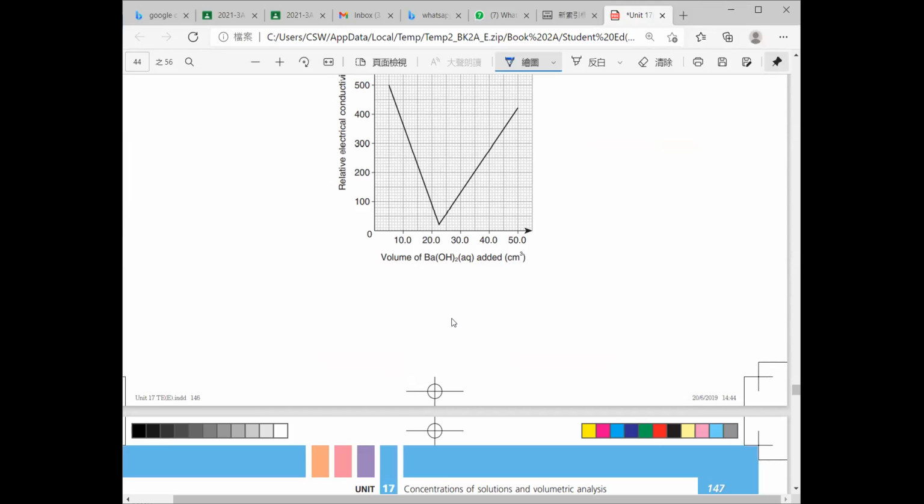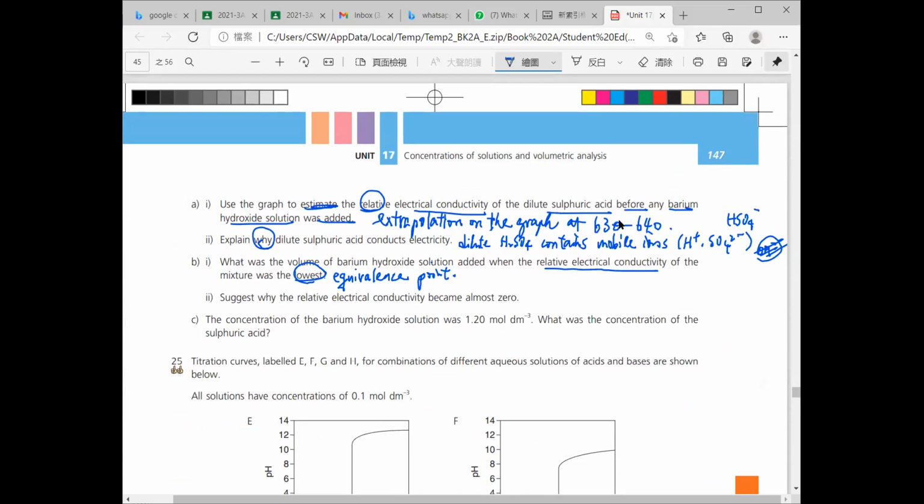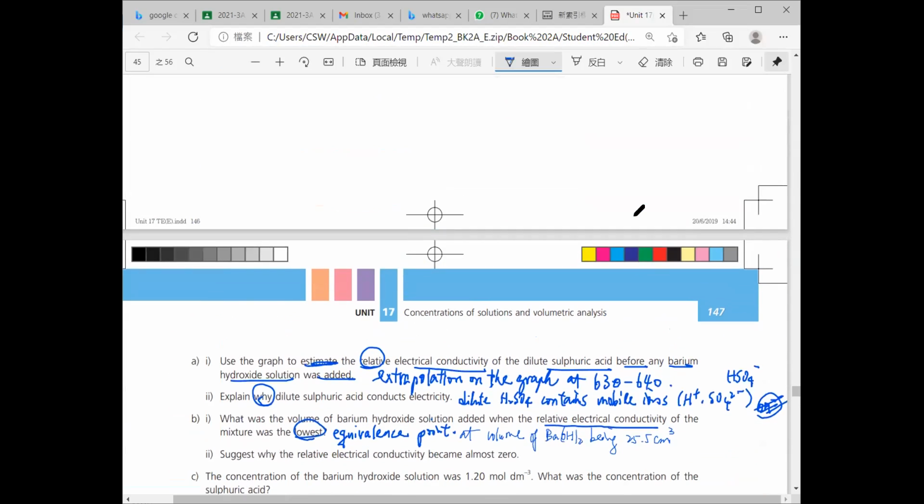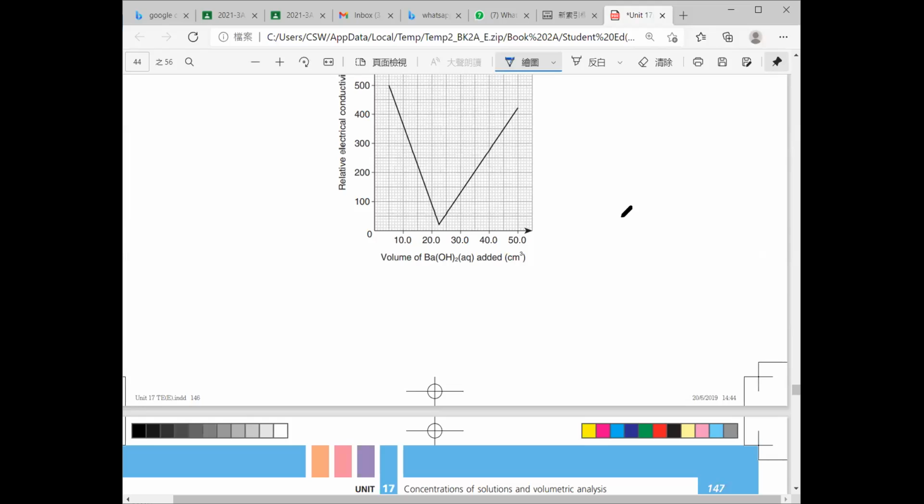So where is it? Again, you use this and locate 22.5. Is it? About 22.5 cm3, okay? 22.5.